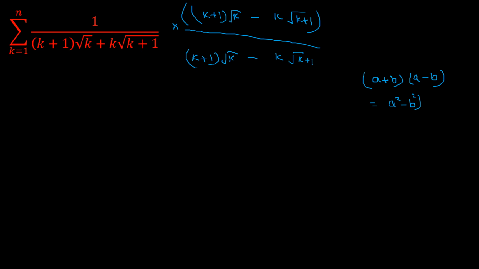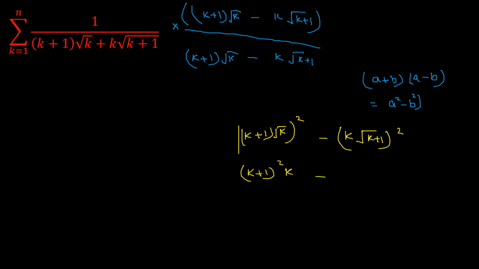First of all we simplify the denominator. This is the square of k plus 1 times square root of k, minus the square of k times square root of k plus 1. So we have k plus 1 squared times k, minus k squared times k plus 1.